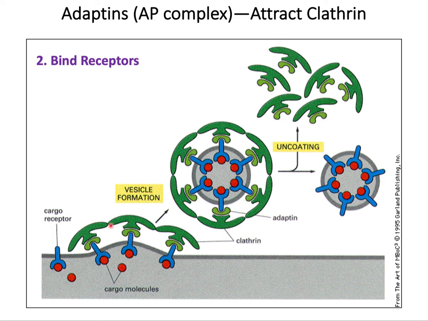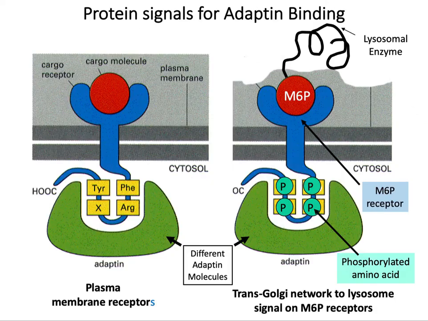Remember that I said that when clathrin-coated pits form on the plasma membrane, some surface receptors have the propensity to enter those clathrin-coated pits, or they are attracted to those clathrin-coated pits. What attracts them to these pits are the adaptin proteins, which are part of this coat. So here again, you have the clathrin-coated vesicle being formed, you have the uncoating and the recycling of the clathrin coat.